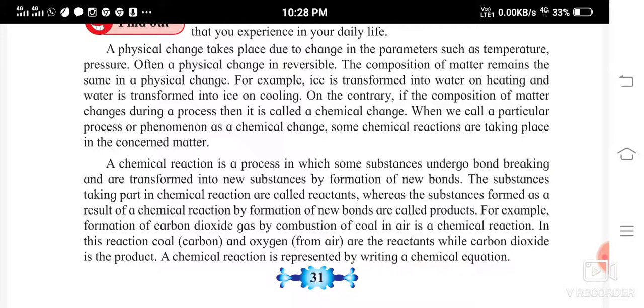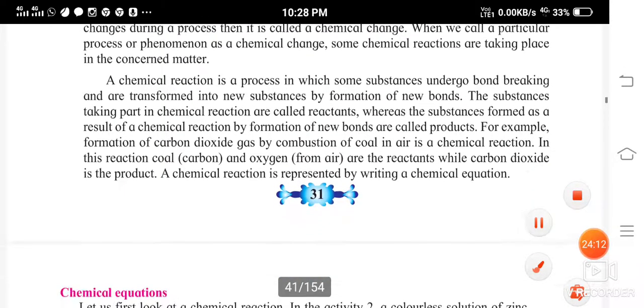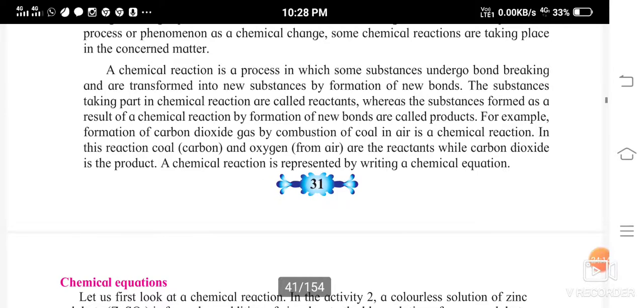So the substances which are taking part in the reaction are called what? Reactants. And after the reaction, whichever substances have been formed are called what? Products. For example, formation of carbon dioxide gas by combustion of coal in air is a chemical reaction.